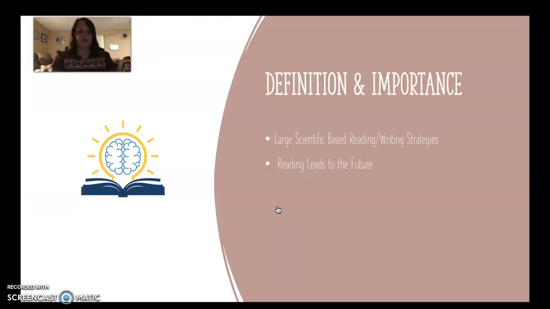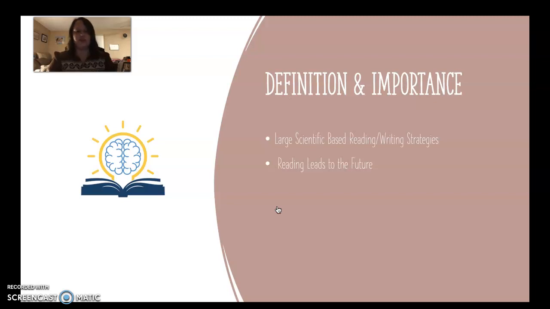The science of reading is a large scientific research base that has been conducted over the last 5 years. This research base deals with reading and other issues related to reading and writing. It also involves the issues that some students have when they are trying to learn to read.